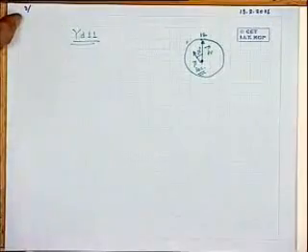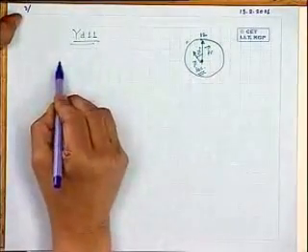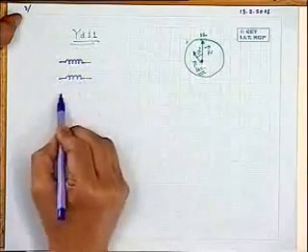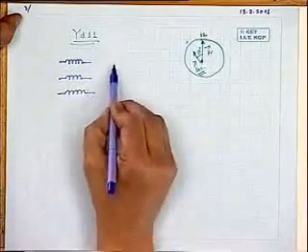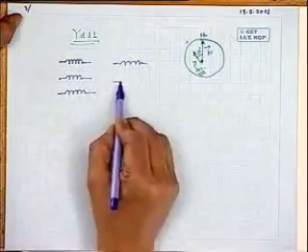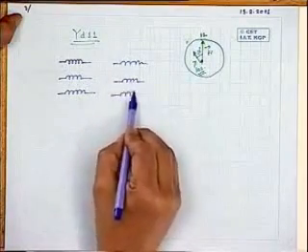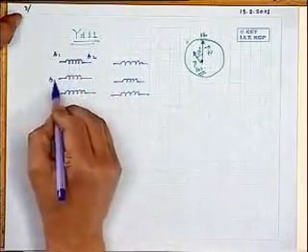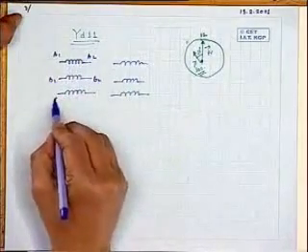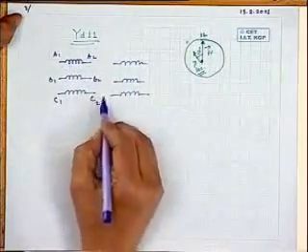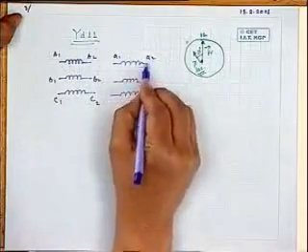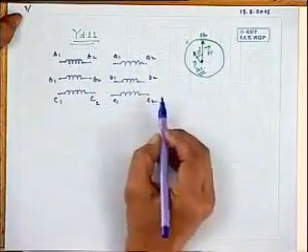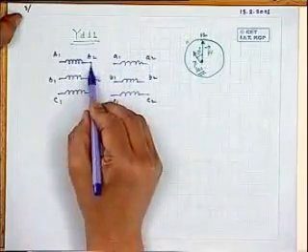Now how do I do it? Once again, suppose I do it like this. I will draw it like this. This is A1, A2, B1, B2, C1, C2, and this one is A1, A2, B1, B2, C1, C2.